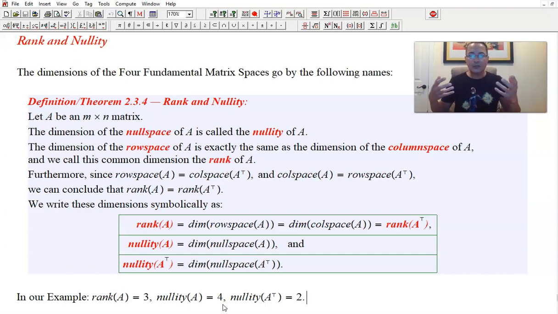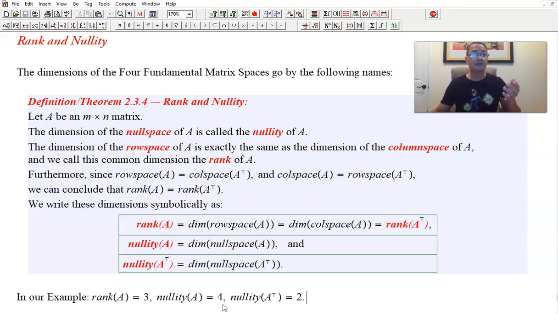Now what about the transpose? We started out with a 5 by 7. When you transpose that, you get 7 by 5. So there are now 5 columns. We mentioned that the row space of the original matrix is just the column space of the transpose. So they have the same rank.